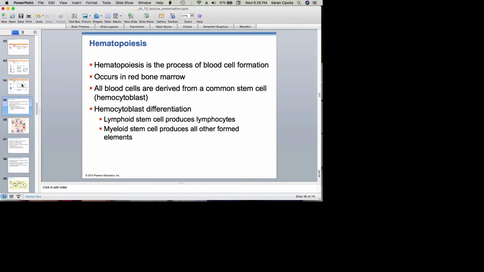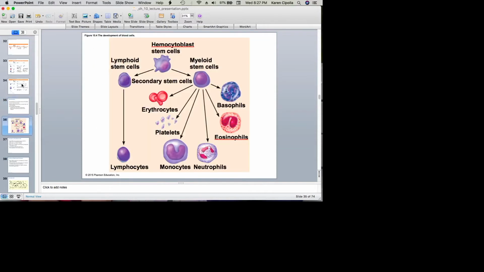They start out as one common blood cell, a hemocytoblast, and it splits or differentiates into two different types of cells. One cell is a lymphoid stem cell, and that produces your lymphocytes. The other one is your myeloid stem cell, and that produces all other formed elements.